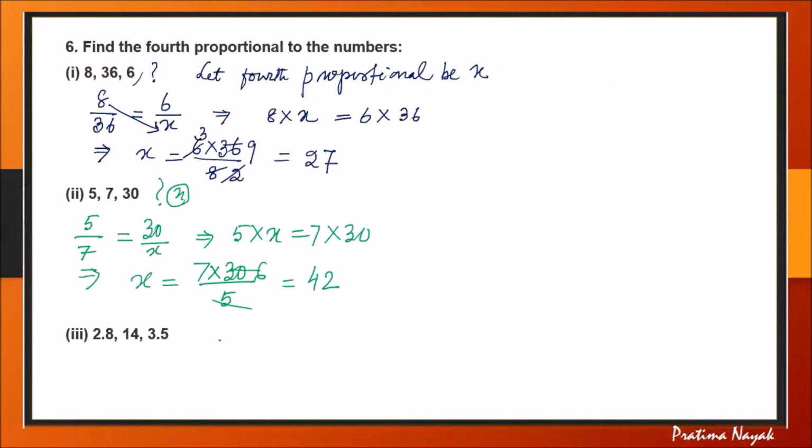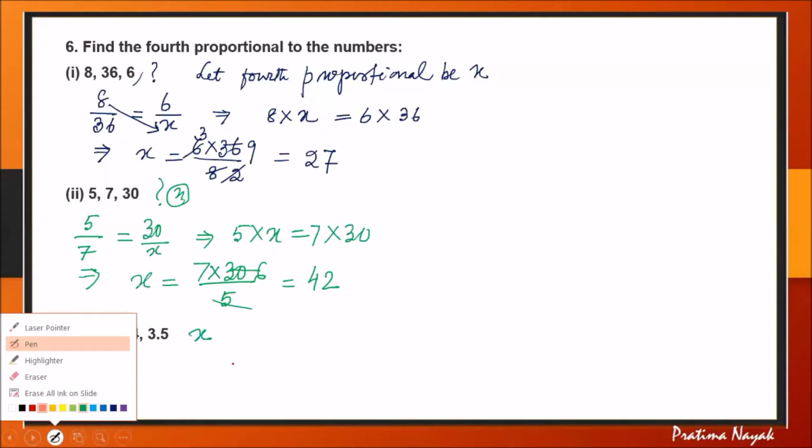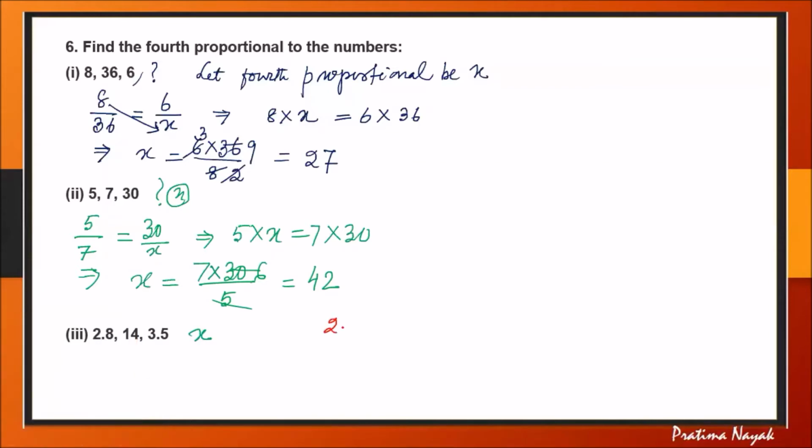Now here it is a decimal. So you'll write, let the fourth proportional be x. Then 2.8 ratio 14 is equal to 3.5 ratio x, or 2.8x is equal to 3.5 multiplication 14.